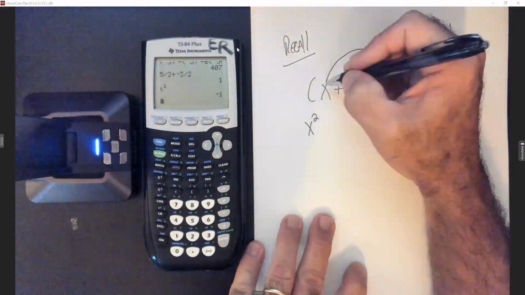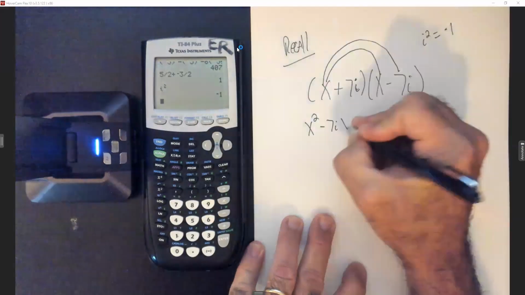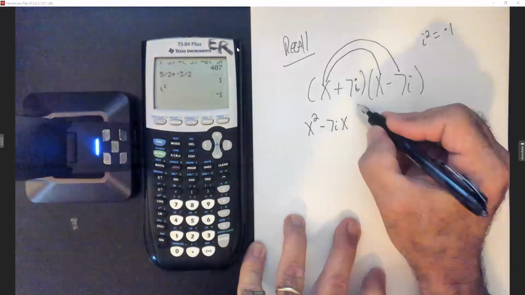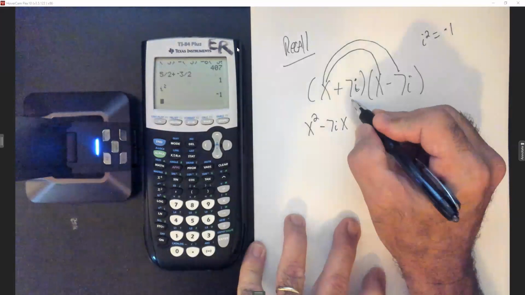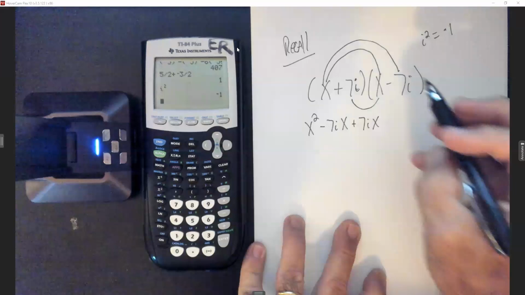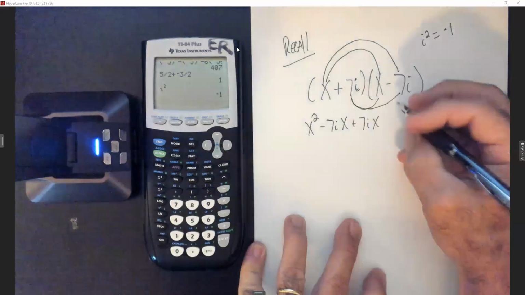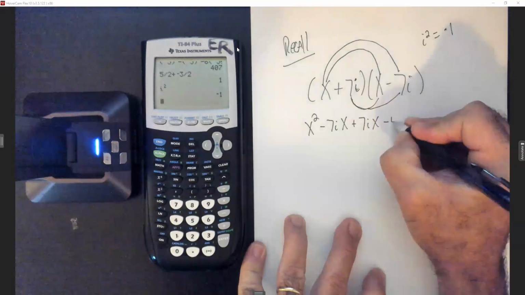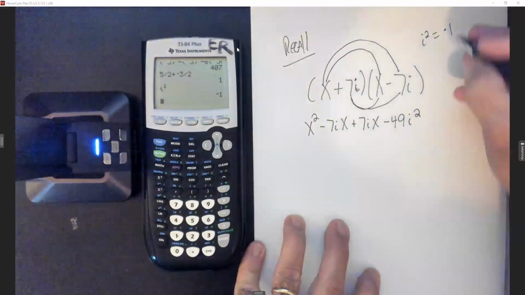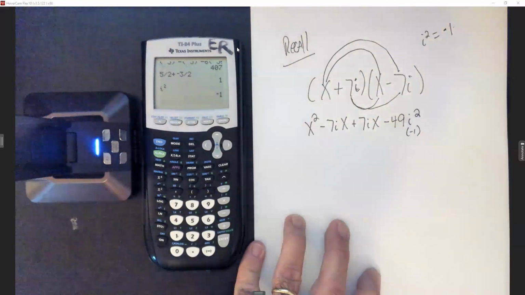X times -7i is a -7ix. Then you start on the inside. Positive 7i times x is a positive 7ix. And then 7i times a -7i is a -49i squared. So I said if you ended up with an i squared, you're going to replace that with a -1. So watch what happens here.